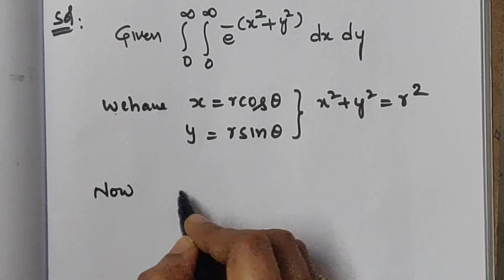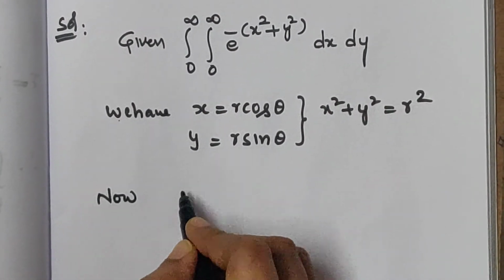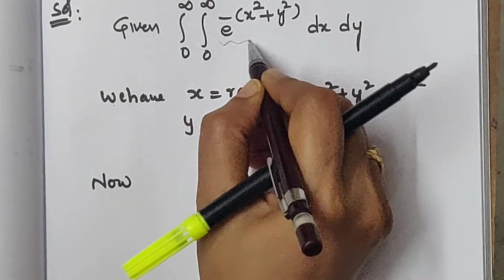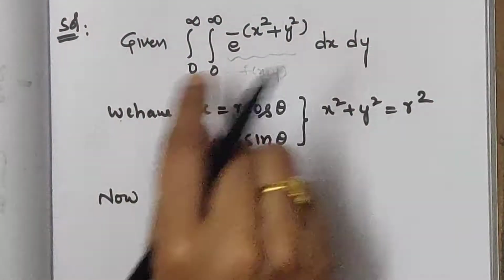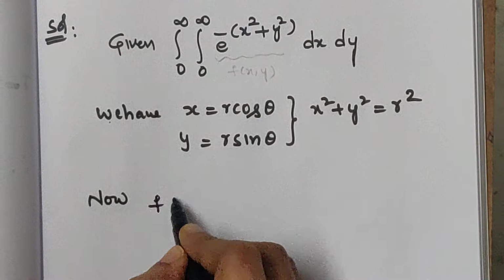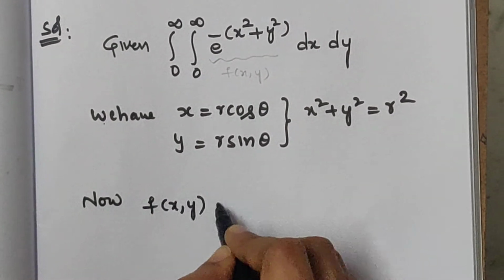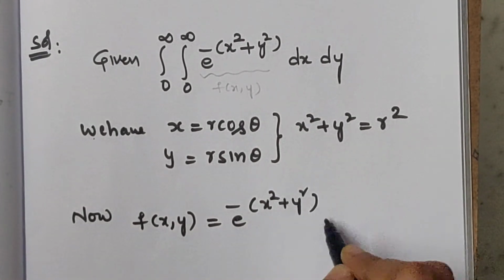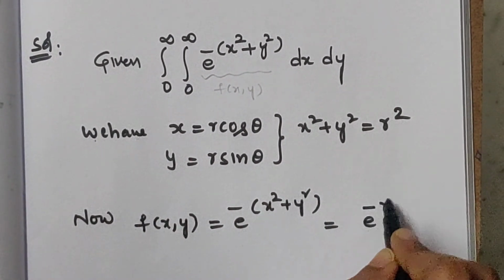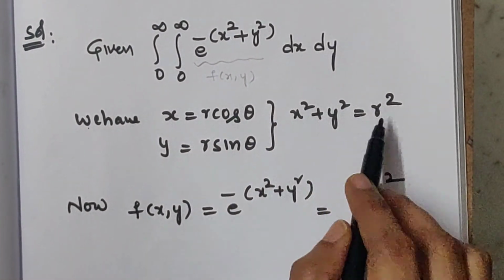Now this is f of x comma y. Cartesian double integral means f of x comma y dx dy. So the function f of x comma y, which is e power minus of (x square plus y square), turns to e power minus r square.